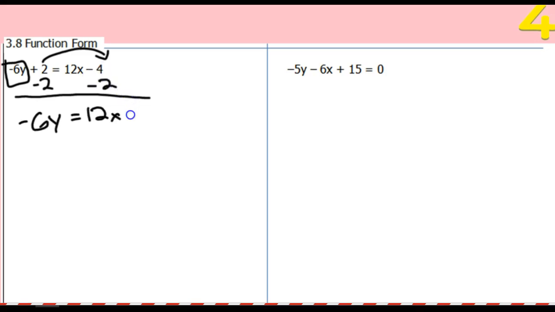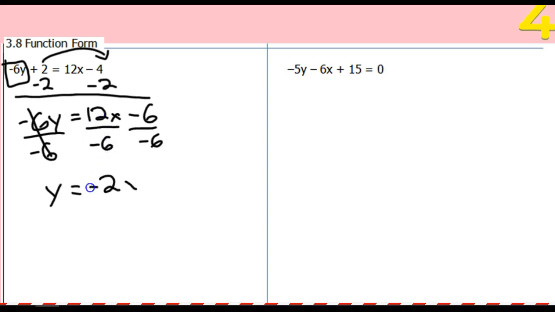Negative 4 minus 2 gives us a negative 6. Divide by negative 6. Now when we divide by everything on this side. So we get y equals 12 divided by negative 6 is negative 2x. Negative 6 divided by negative 6 is a positive 1.